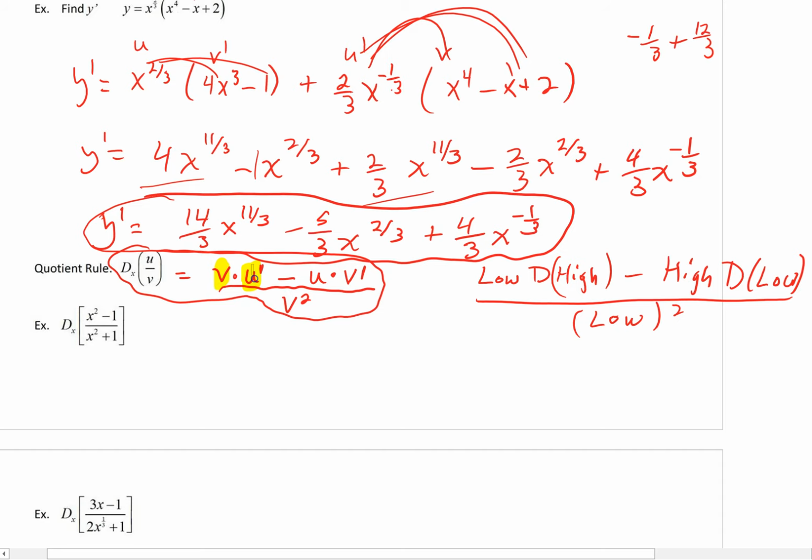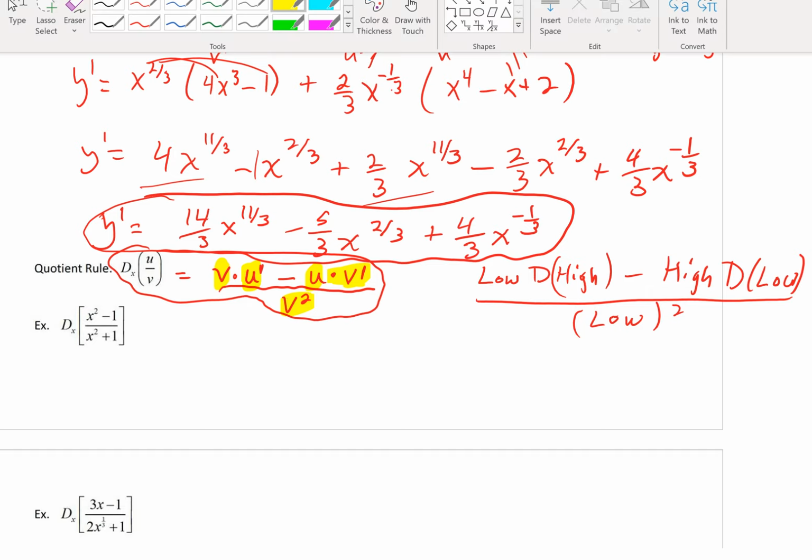D high, that's the derivative of the upper one, that's u prime. Minus the high function, that's u, times d low, the derivative of the low, all over low squared. So you'll hear a lot of teachers and professors say, oh, quotient rule is low d high minus high d low all over low squared.